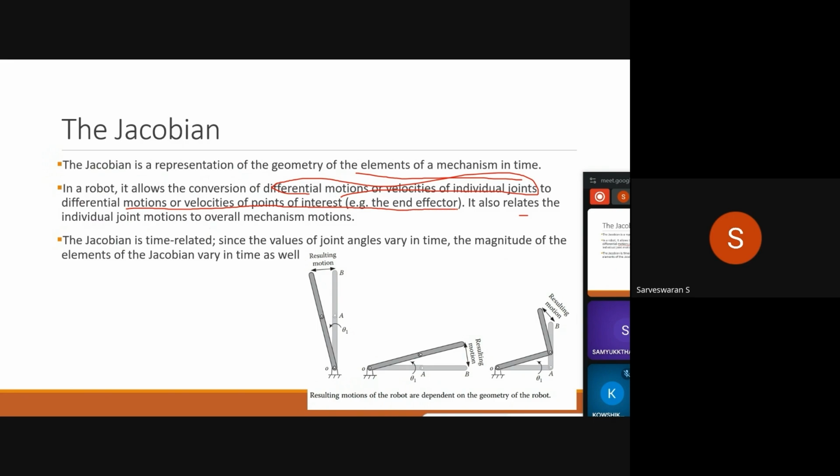This is the important one. You can check this in the PPT that was provided in the Google Classroom. So it is time related, and it tells you how your robot arm will move. When the end effector velocity is provided, the joint motions will also move relative to the end effector velocity, and that is provided by the Jacobian.